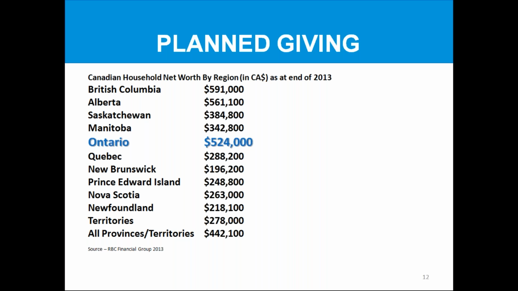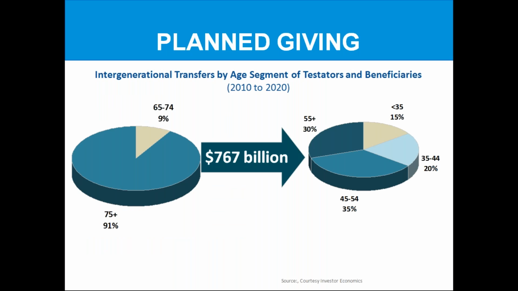So it's being able to educate those board members and those potential planned giving donors in a way that makes them understand the process that we go through. I also wanted to let them know what the Canadian household net worth is by region. You can see that for those of you in Ontario, because I'm mainly doing these presentations in Ontario.